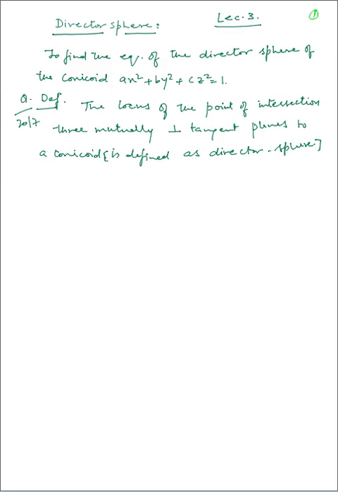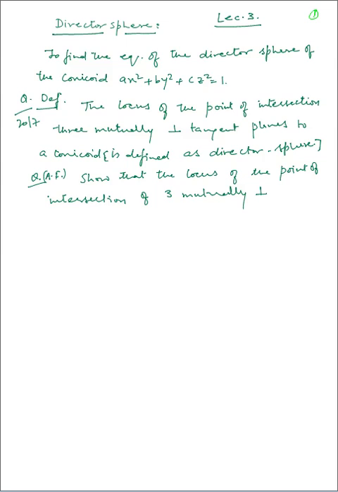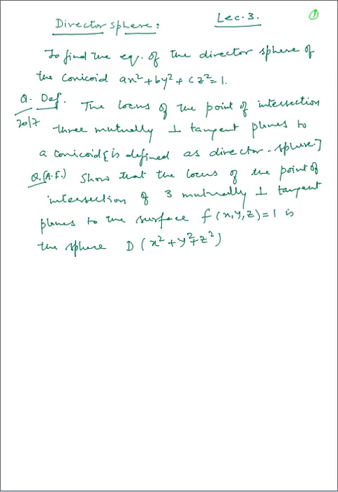So the question in another form is: show that the locus of the point of intersection of three mutually perpendicular tangent planes to the surface f(x,y,z) is equal to 1 is the sphere x square plus y square plus z square is equal to a plus b plus c.